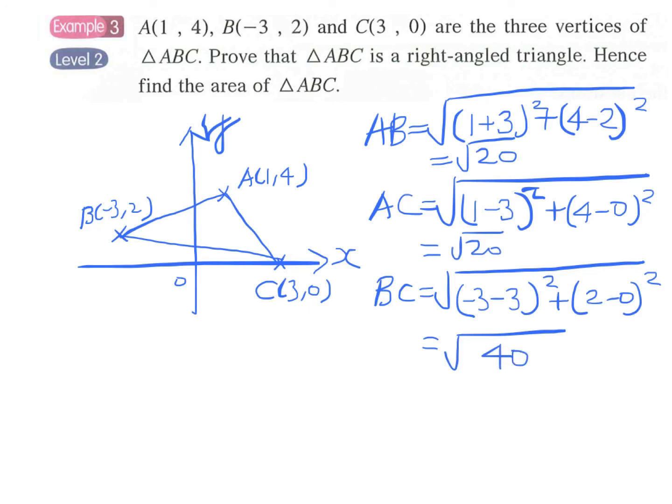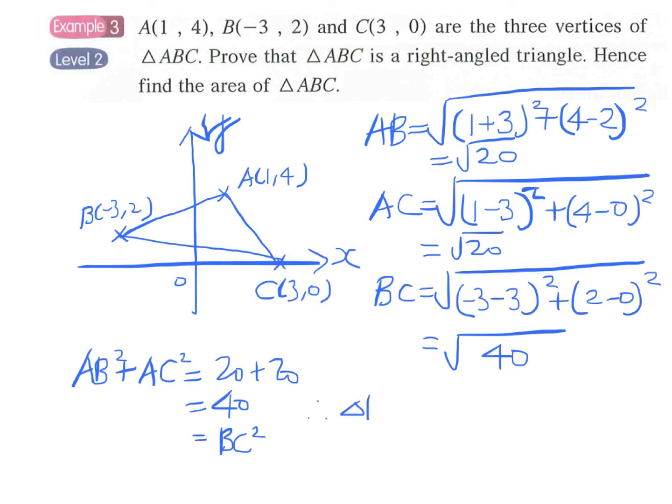And so it is quite obvious that the square of AB plus the square of AC, these are the two shorter sides, and the sum will equal the square of BC. So we can write this in this way: square of AB plus square of AC. We just find the value of this expression. And it happens that this equals the square of BC.